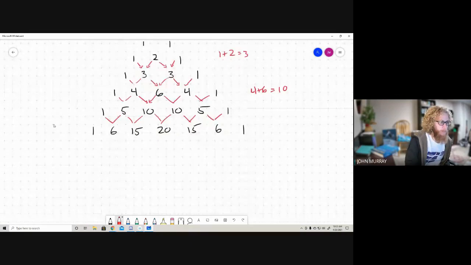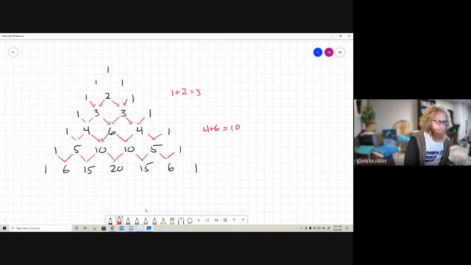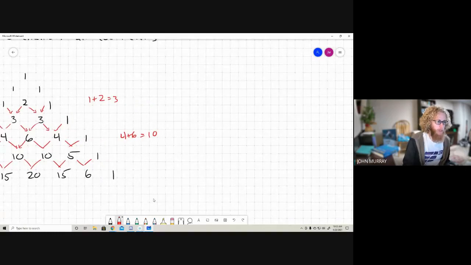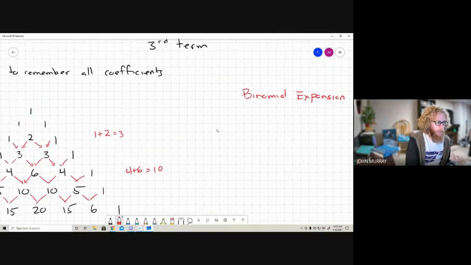I want to do this. I want to put it on the side. So I'll do it over here, and then we'll zoom out and we'll compare the two.